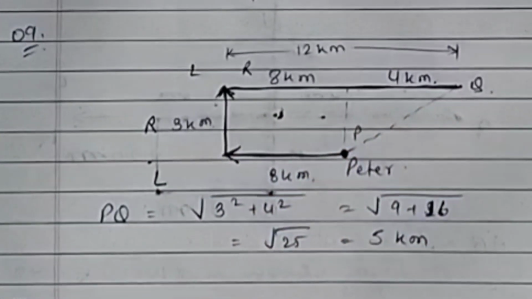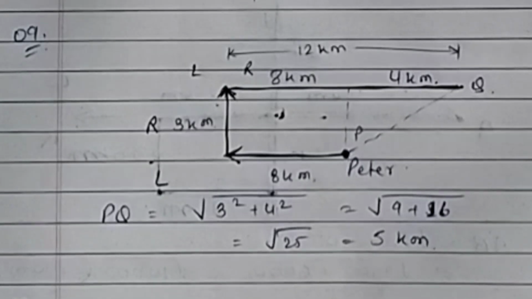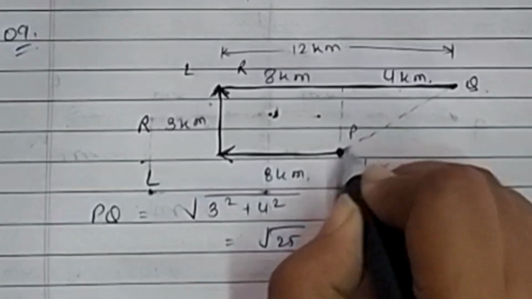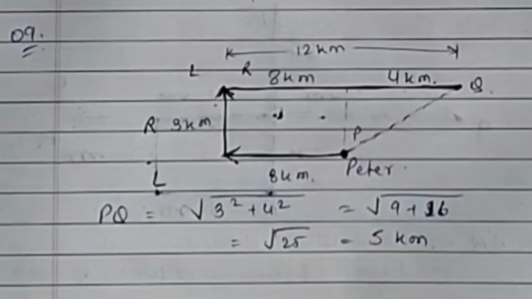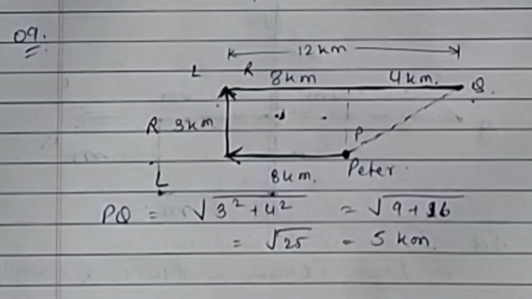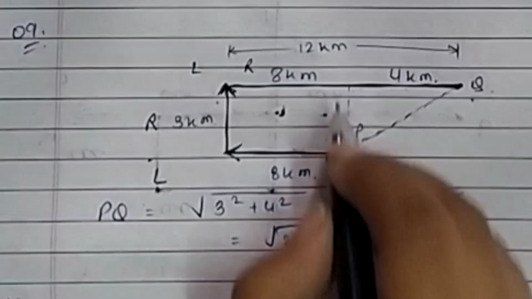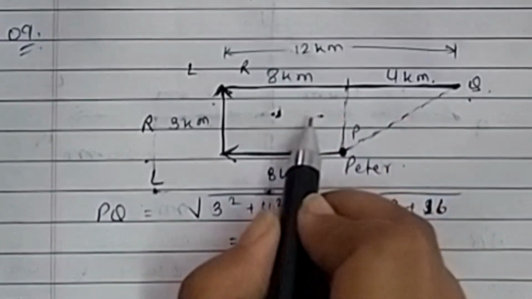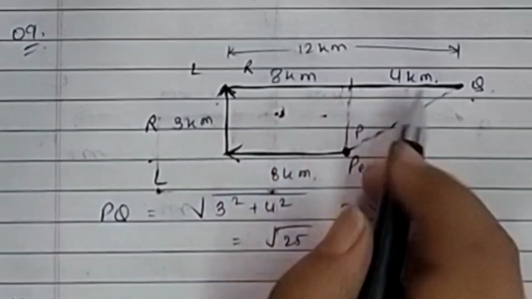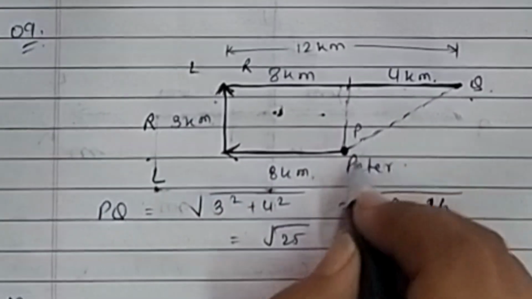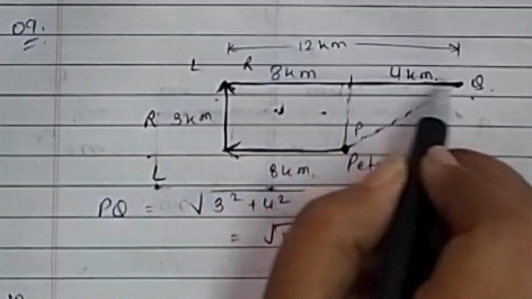Now we have to find how far he is from the starting point. So the starting point is here, his final point is here. So we have to find the distance between P and Q, because I have considered this as P and this as Q. Now if we join these, we will find that this is making a triangle and this is making a rectangle, and we know that this distance is completely parallel with this.